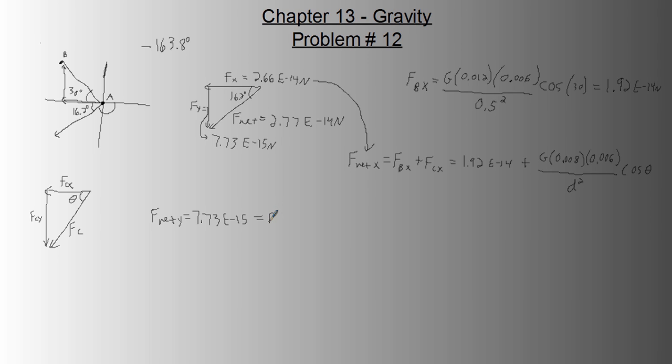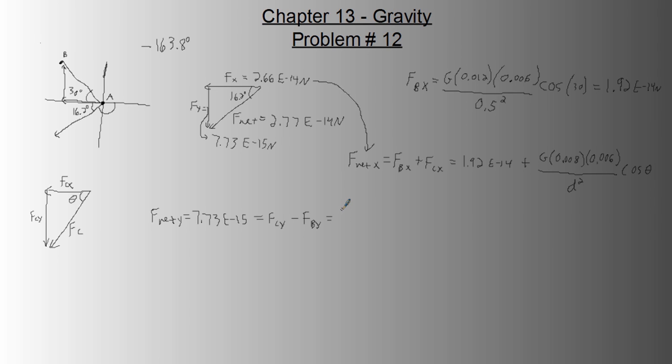Actually, if we're going to call F net y positive and FY is down, then that means down is positive. So let's be consistent with that, and so that means FCY is going to be down, positive, and FBY is going to be up, negative.